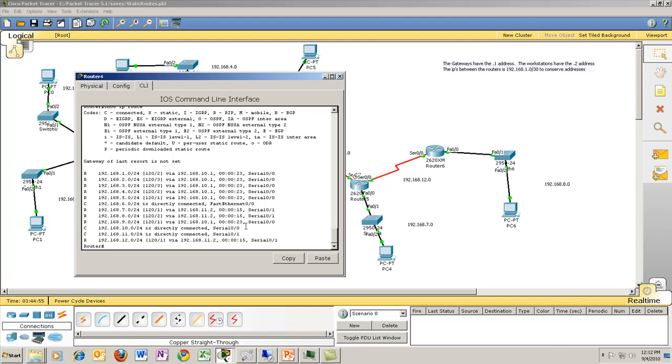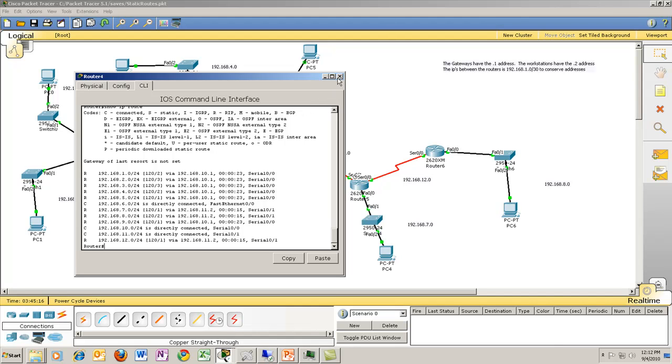Well, 9 goes out serial 00, so 7 and 8 over here go out serial 00. And then we have the directly connected networks, the 10 and 11 on serial 00 and serial 01.